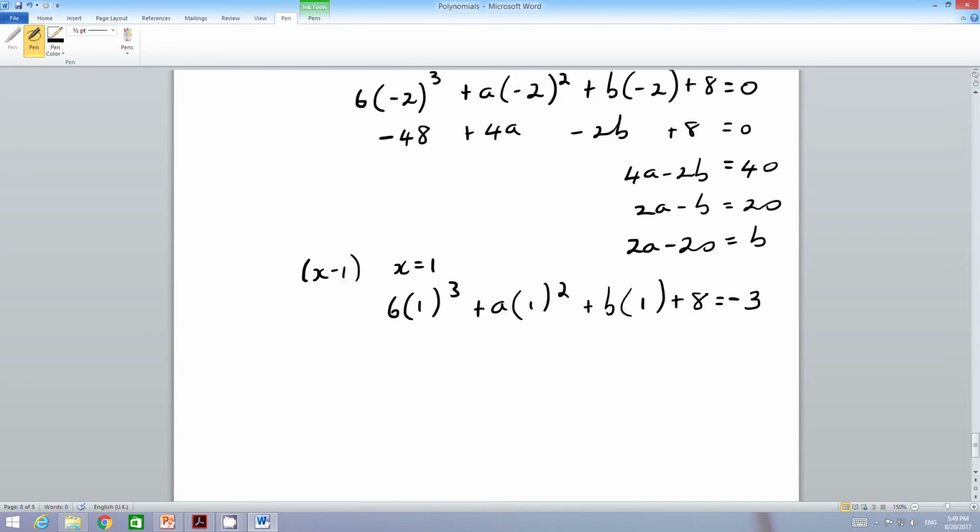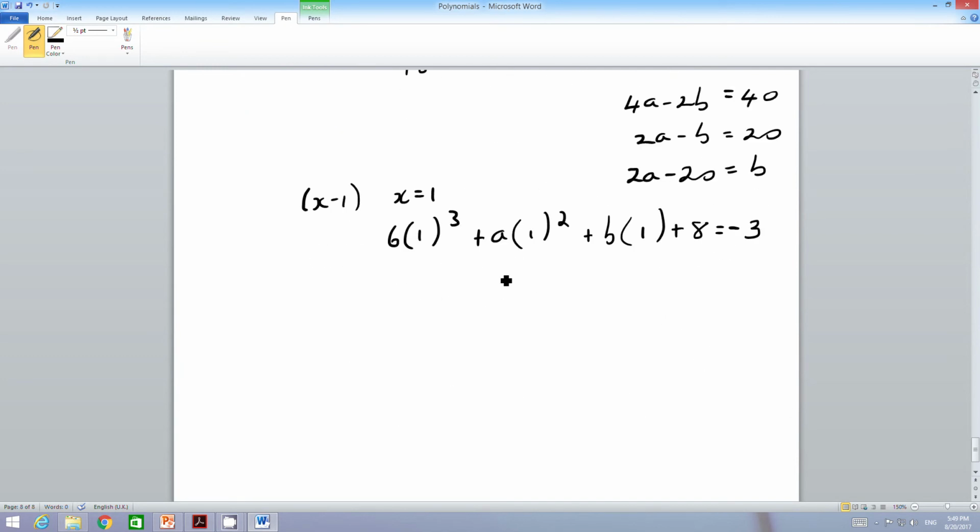We can simplify this expression, and this is simple because 1 cubed is 1, so 6. So let's just write it out. 6 plus a plus b plus 8 is equal to negative 3. I can simplify all of this and I am left with a plus b is equal to negative 17. Again, let's make b the subject.